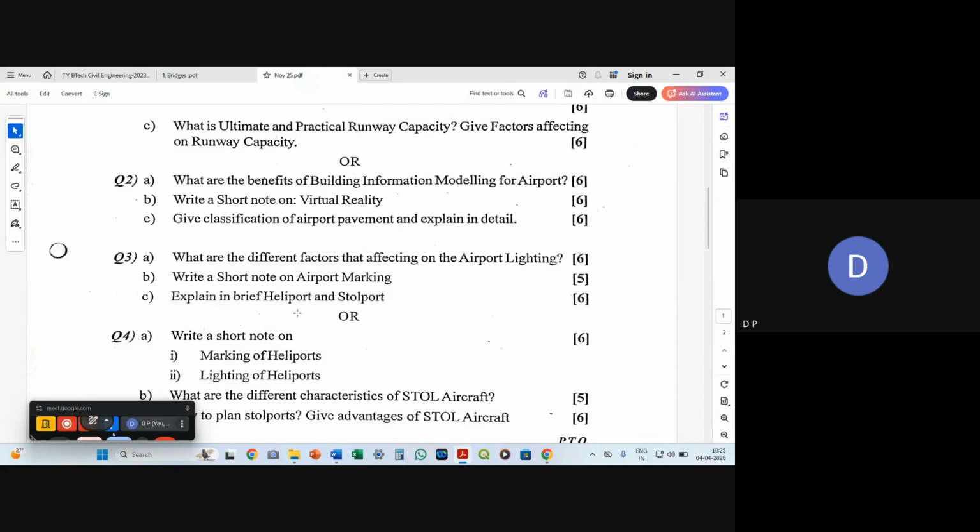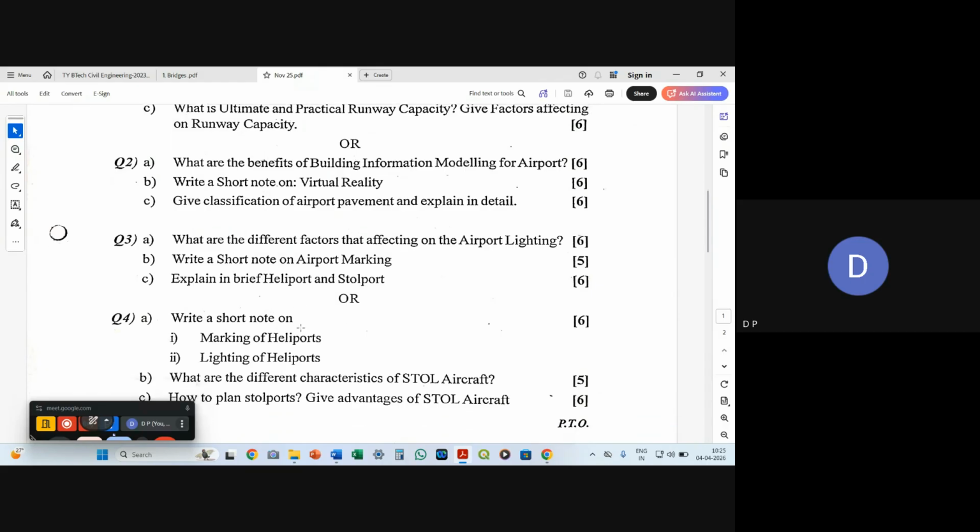Then explain in brief heliports and STOLports. So we have to describe what is the difference between heliport or STOLport, even how airports and heliports are different.